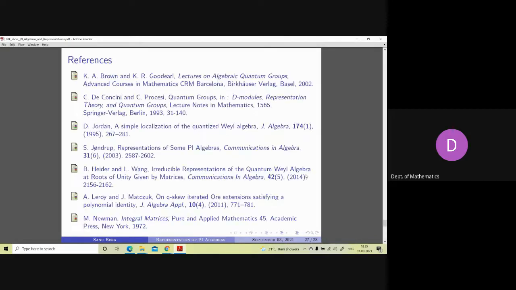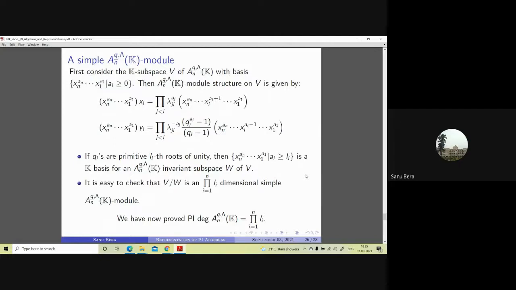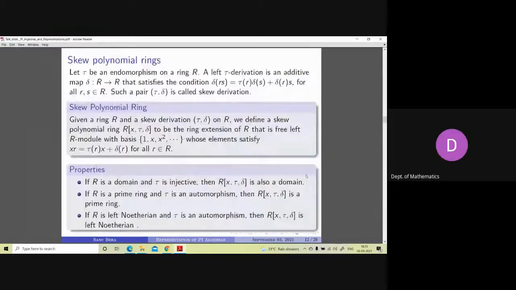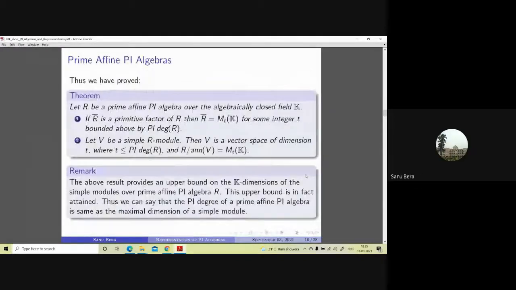Yes. I have not mentioned that here, but this is the scenario for the Weyl algebra. For the time being, I am not going into those details. For a general prime PI algebra, this bound is attained; I have mentioned that this bound is in fact attained.